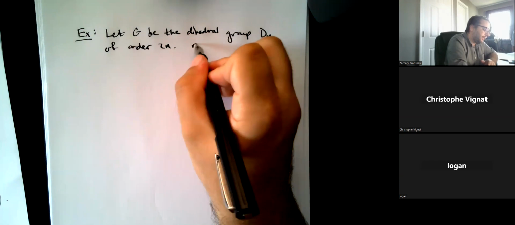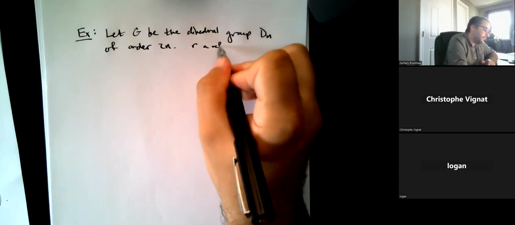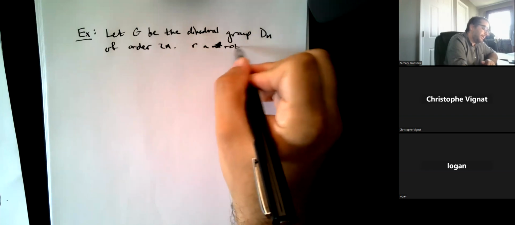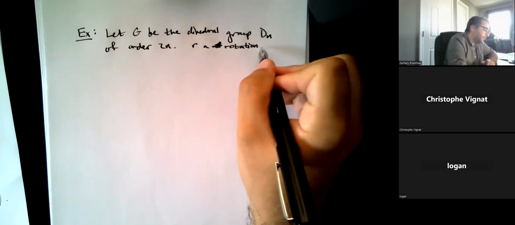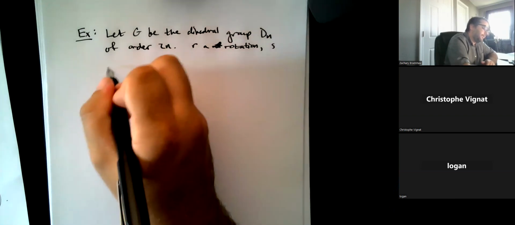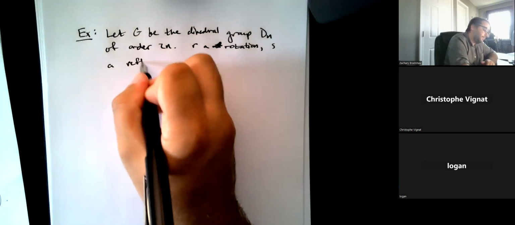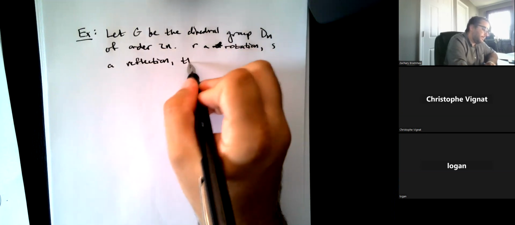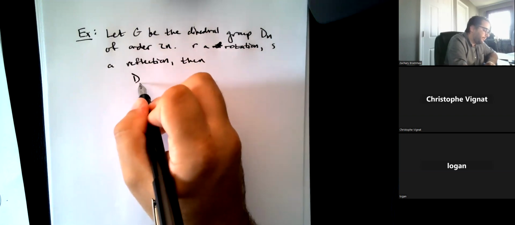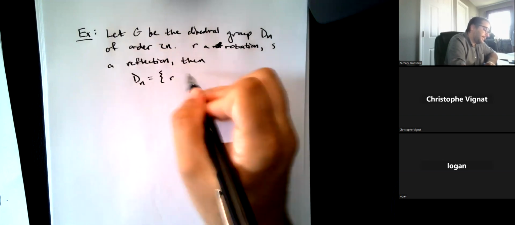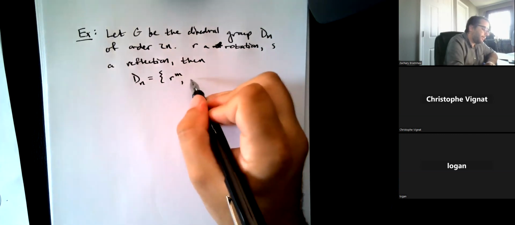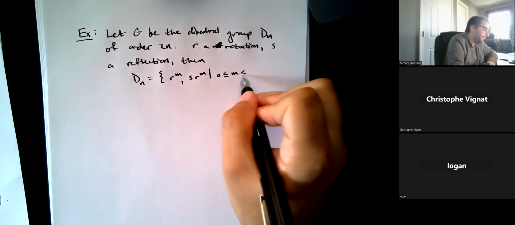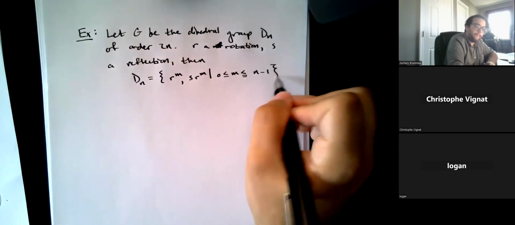I call R a rotation and S a reflection. Then the dihedral group of order 2n is the collection of all elements of the form R to the m, S R to the m, such that 0 is less than or equal to m, less than or equal to n minus 1.